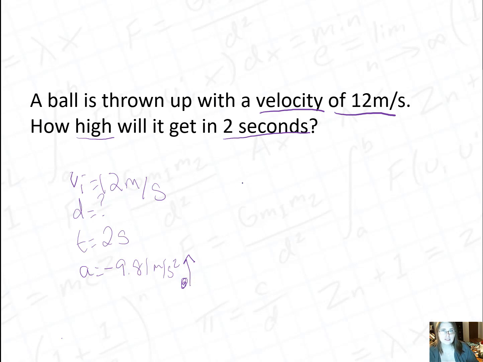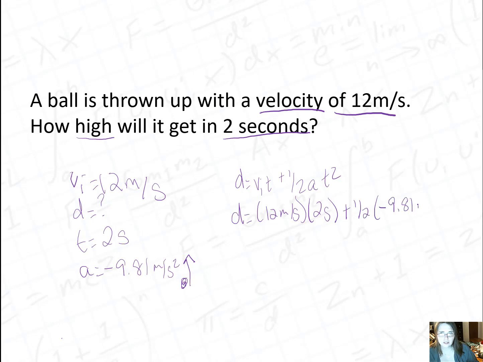We're still going to use d equals v_i t plus 1/2 a t squared in this problem. We can use other equations. It just doesn't apply in this case because of the variables we have. So if we plug this in, we end up with a distance equals v, which is 12 meters per second, times time, which is 2 seconds, plus 1/2, and the acceleration is a negative 9.81 meters per second squared, times time of 2 seconds, squared.